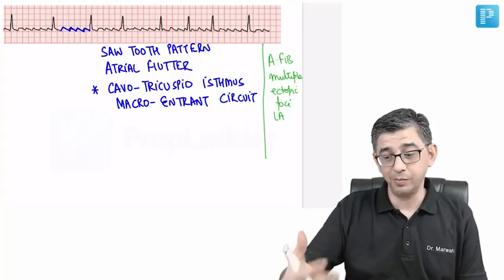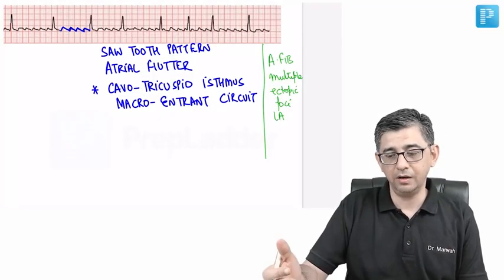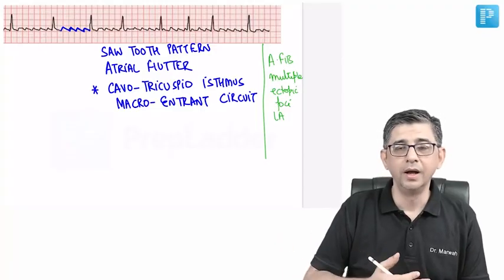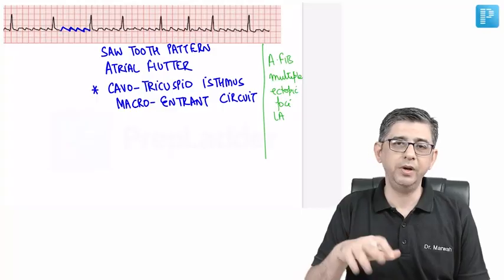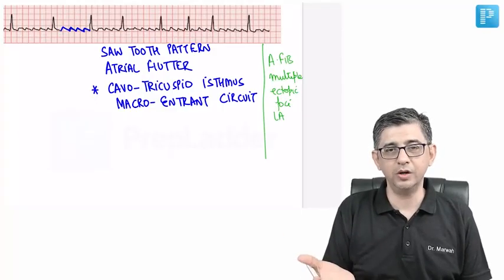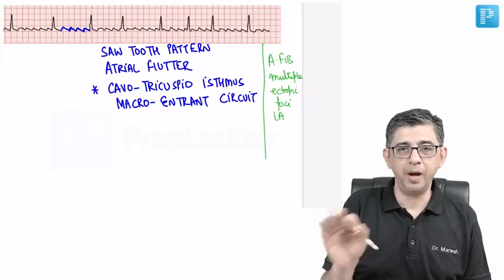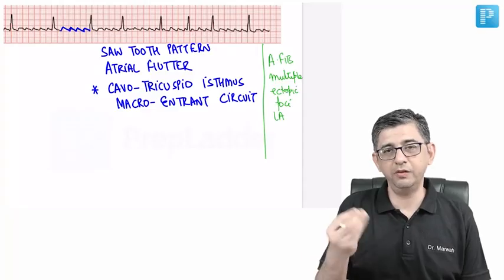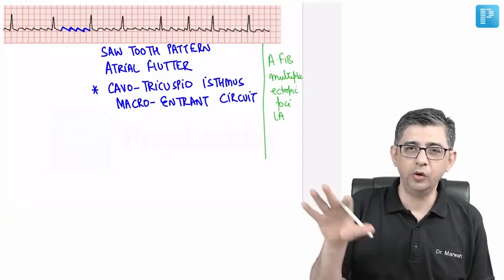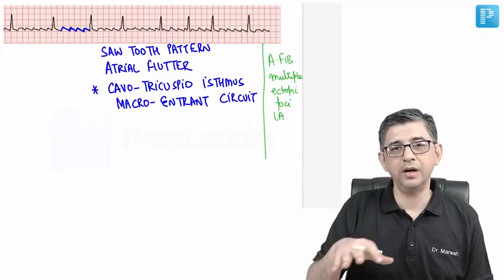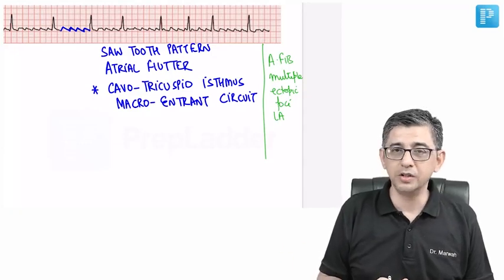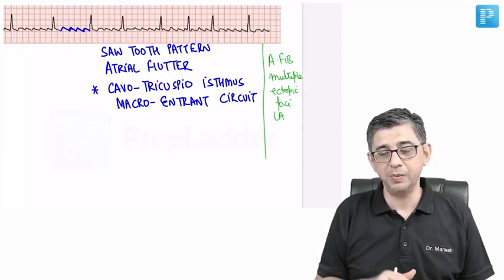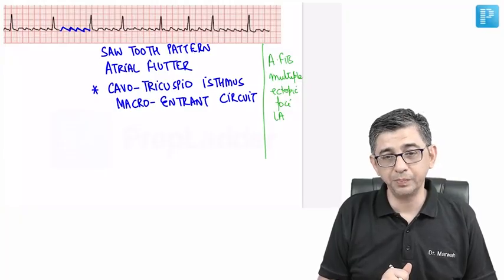We can explain to a patient, if he can understand, how the current is flowing in the heart and how the re-entry phenomenon is occurring. He may or may not be able to fathom all those terms, but the word mapping itself would be sufficient for somebody to understand that the doctor is trying to check the current flow in the heart, and if it is abnormal, then he would definitely require an ablation for it, or he might require a special intervention in the form of drugs.